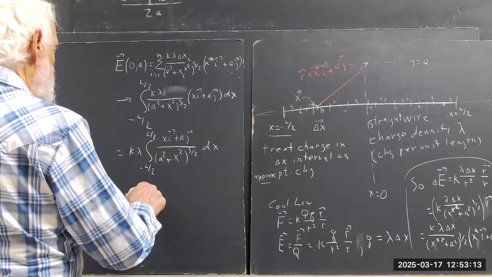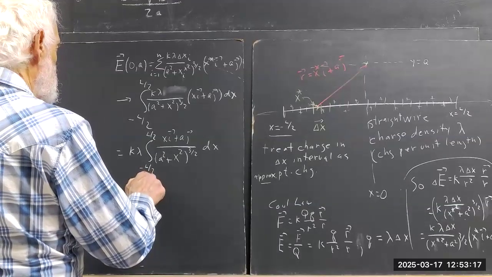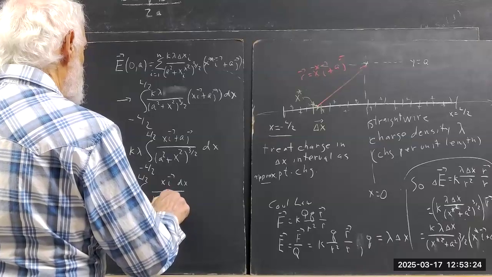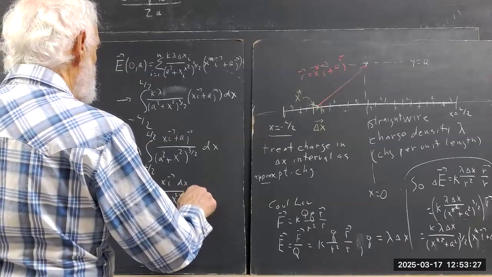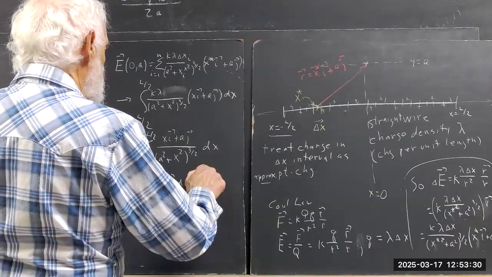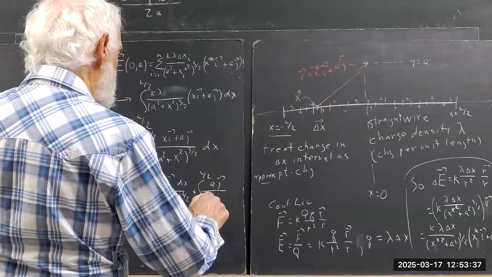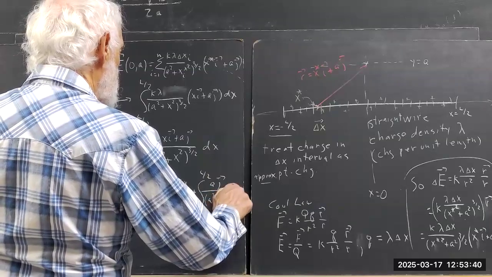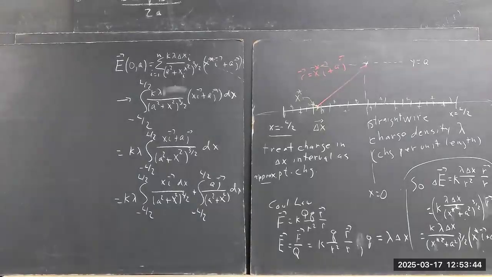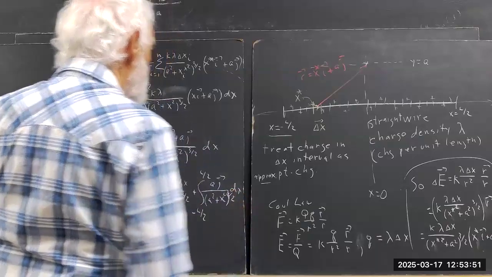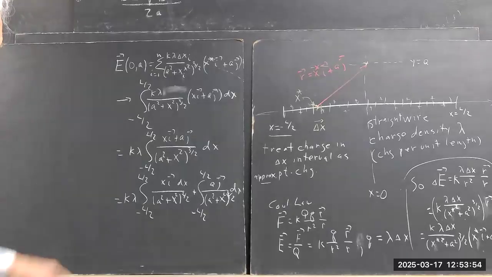Okay, we get k lambda times the integral from negative L over 2 to L over 2 of x i dx over a squared plus x squared to the 3/2, plus the integral from negative L over 2 to L over 2 of a j dx over a squared plus x squared to the 3/2.